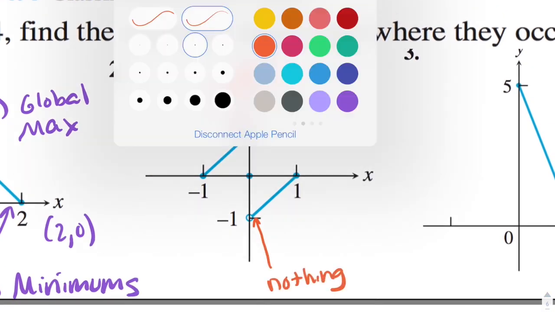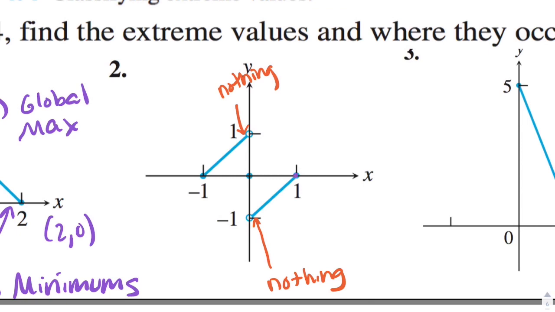What we do have, though, is a local max. Everything to its left is lesser. And then here we have a local min. We do not have a global max or global min, just local max and local min.